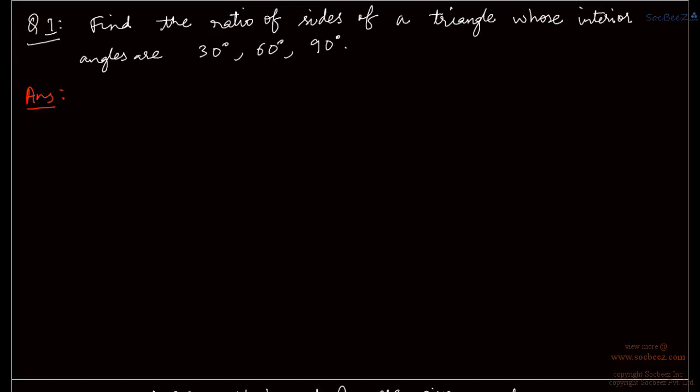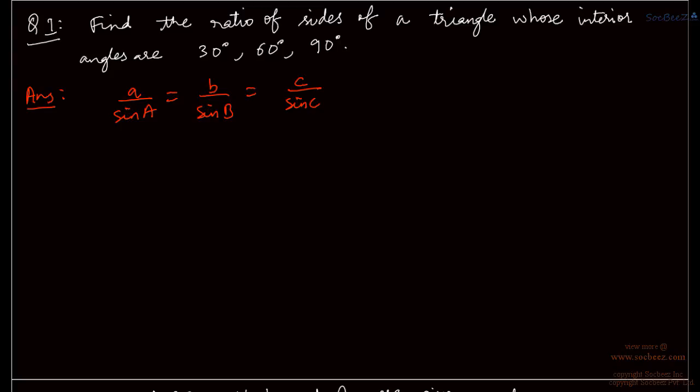Okay. So let the sides be a, b, c and the angles of the triangle capital A, capital B, capital C. So using sine rule we have a by sine A equal to b by sine B equal to c by sine C. Let the angles A, B, C be respectively 30, 60 and 90 degrees.